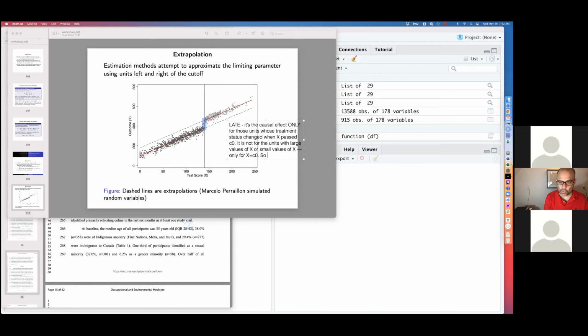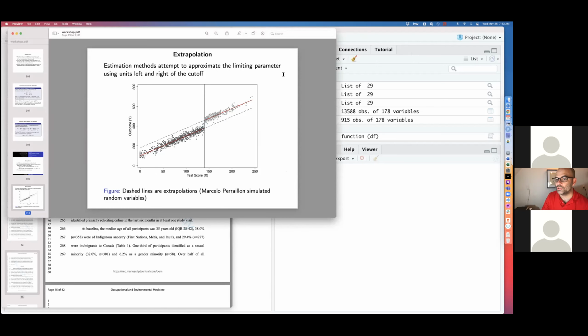So the estimation method we use is not what determines which causal parameter it is. We are always trying to identify the average treatment effect at C0, which by definition makes it a LATE parameter. Does that make sense? It's a little subtle.